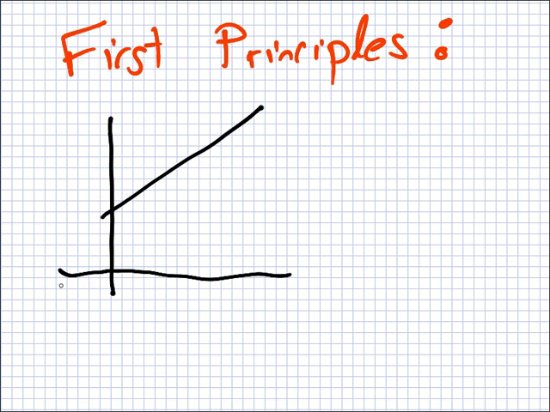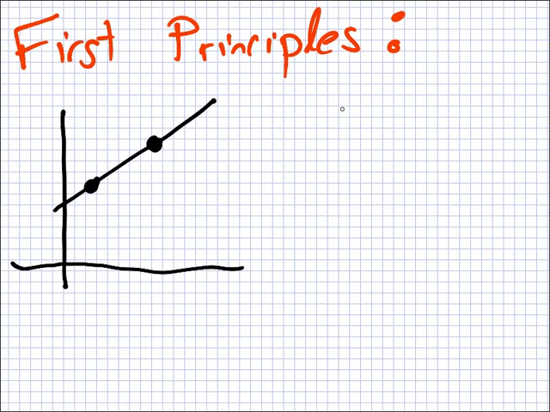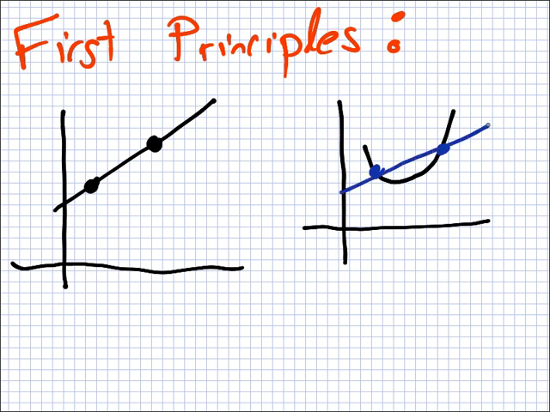If I want to find the slope of this line, I need to have 2 points on it, right? But suppose I don't have a line, suppose I have a curve and I want to get the slope. Well, it doesn't quite mean the same thing, because if I get 2 points here, that's a different answer if I took 2 points, say, there, isn't it?